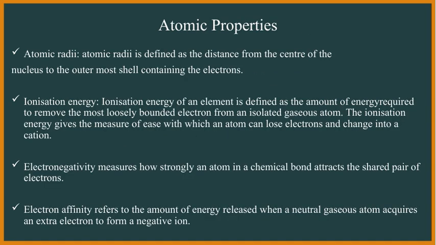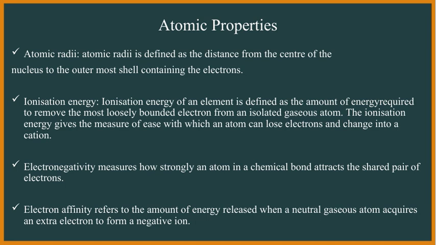Let's take a closer look at some key atomic properties. First, atomic radii. This is basically the distance from the center of the nucleus to the outermost electron shell. It helps us understand the size of an atom. Next up is ionization energy. This is the amount of energy needed to remove the most loosely bound electron from a gaseous atom. It's a great measure of how easily an atom can lose electrons and turn into a positive ion, or cation. Then we have electronegativity. This tells us how strongly an atom in a chemical bond attracts the shared electrons.